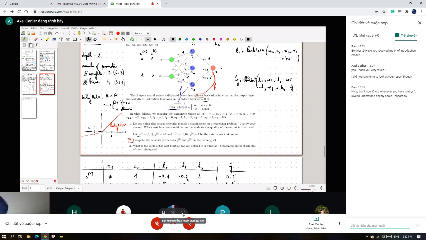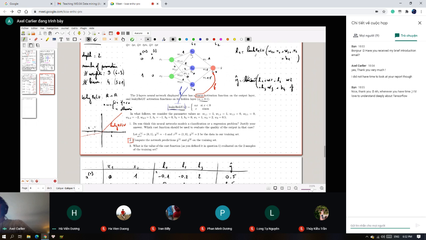And finally, to get the y hat, you just need to multiply minus 0.1 times 1 plus minus 0.2 times 2. Okay, so this makes minus 0.1 plus minus 0.4 plus 2 multiplied by 0.5. So the whole thing makes 0.5 plus 0. So the total is 0.5.